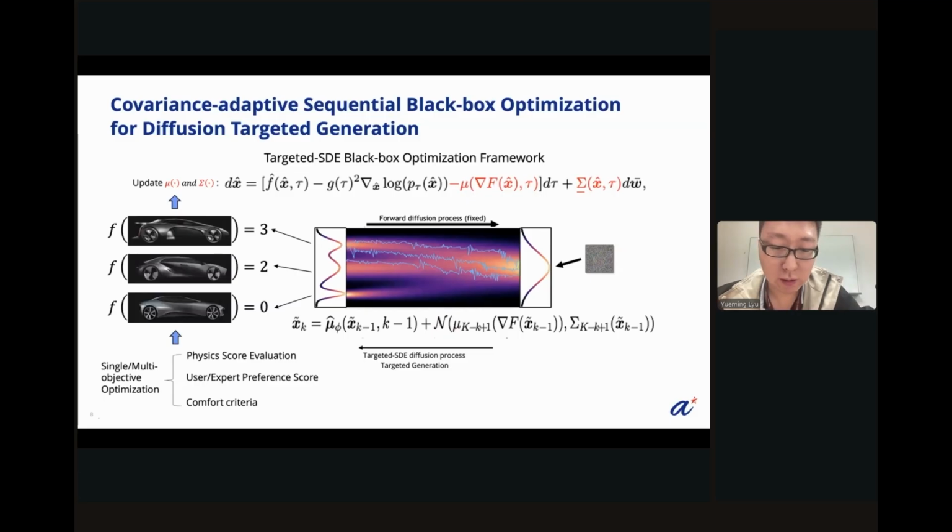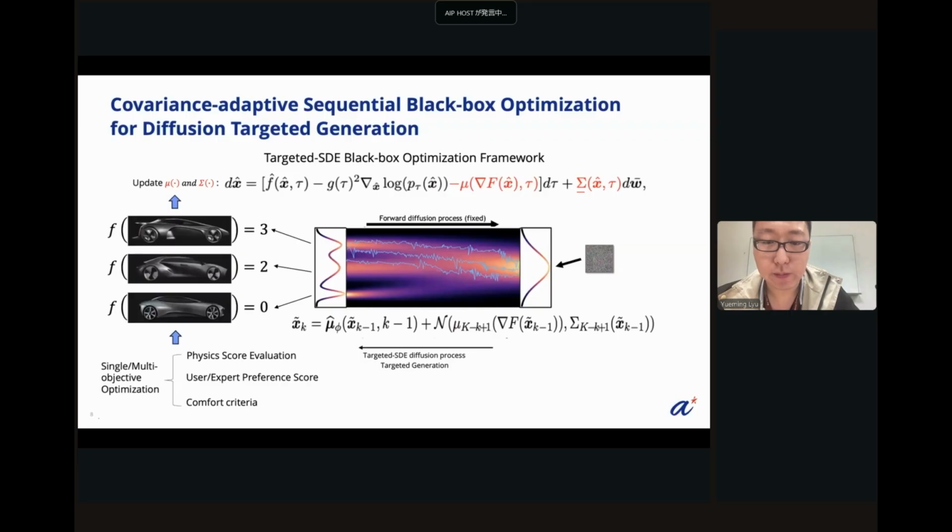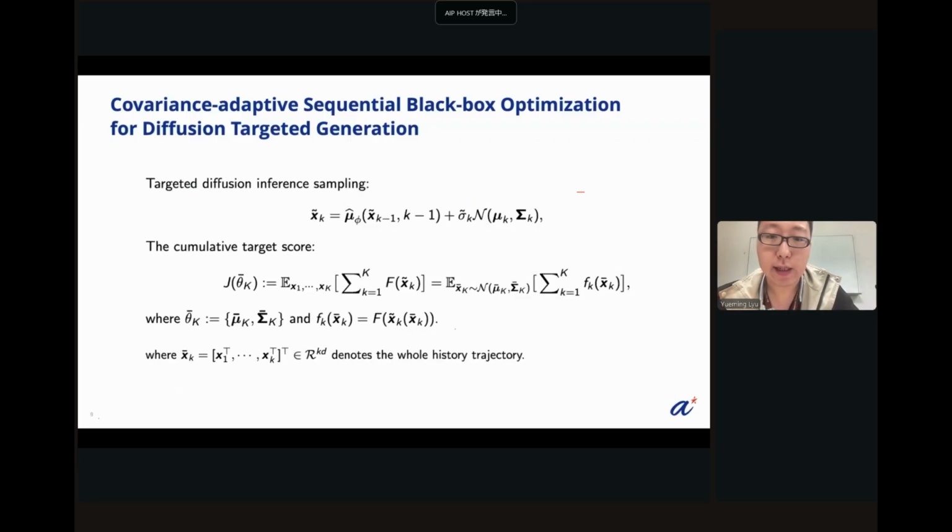You mean the internal samples or the generated samples at the last step? Yeah. So maybe you evaluate the function value also. Yes. In our method, we evaluate the final step X and build a Gaussian process to evaluate the internal samples to compute the internal scores.